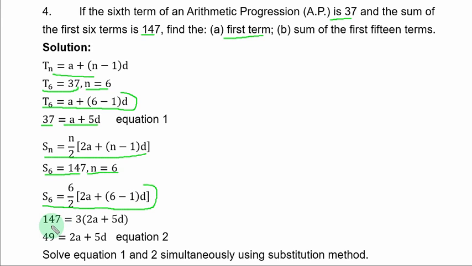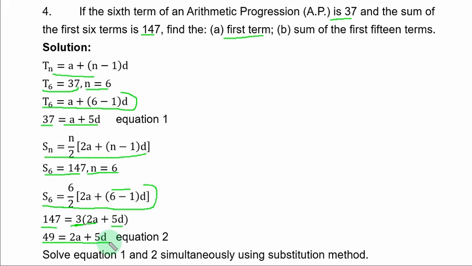The sum of the first 6 terms is 147. Divide 6 by 2, you have 3, then 2a plus 5 times d, that is 5d. Divide through by 3 to remove this coefficient. You have 49 equal to 2a plus 5d. You call that equation 2.